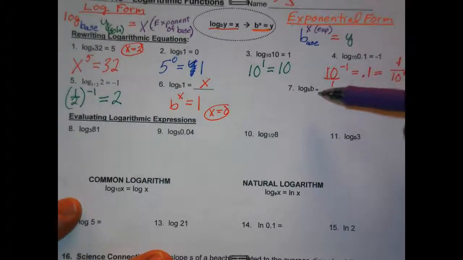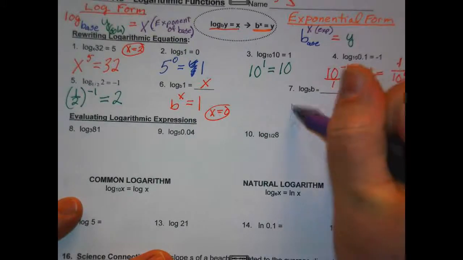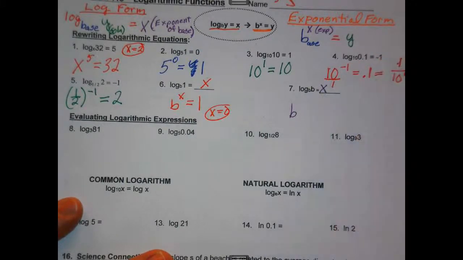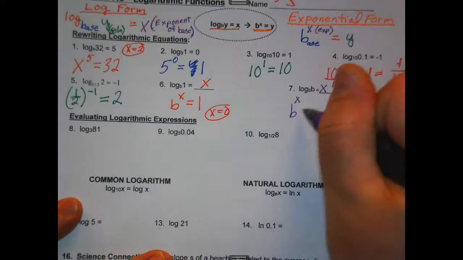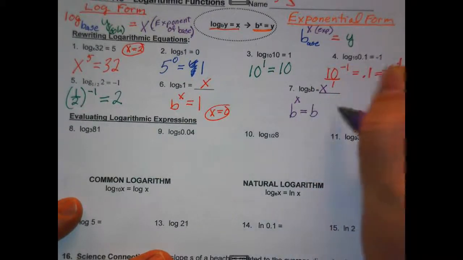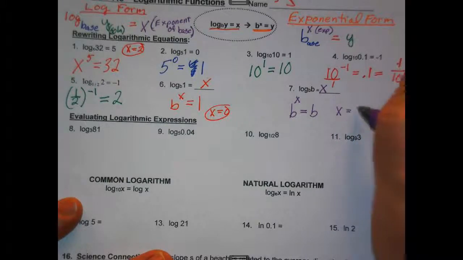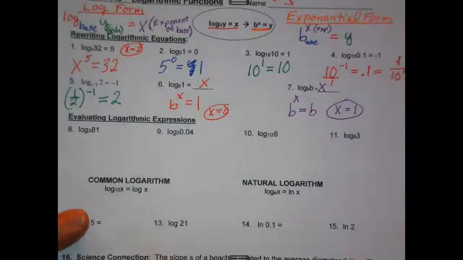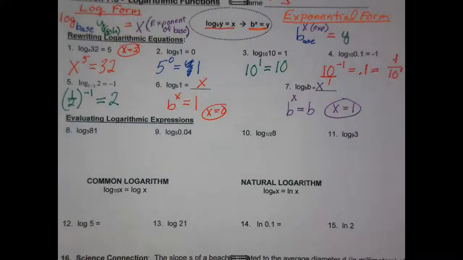Number 7. What's my base? What's my exponent? X, which equals B. So what does X equal? Who said that? Way to go, Nate. Anything raised to the first power is itself.